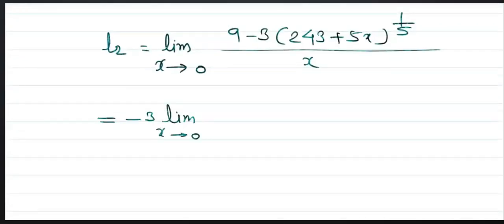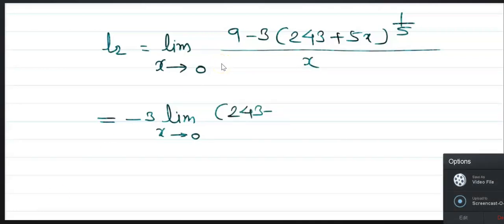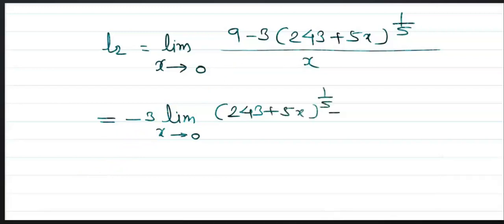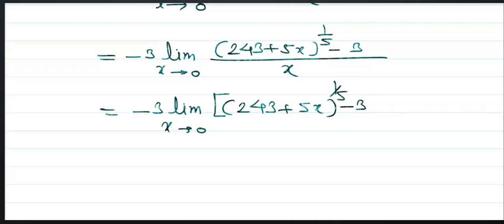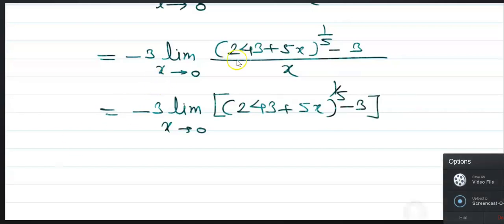Now first of all take 3 as common, then we will get minus 3 as common, and it is written as (243 plus 5x)^(1/5) minus 3, upon x.